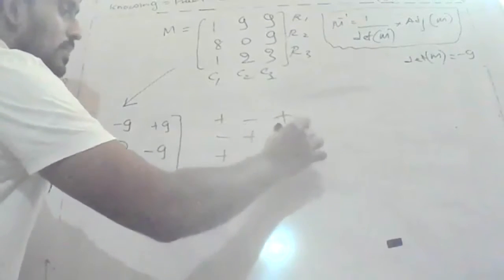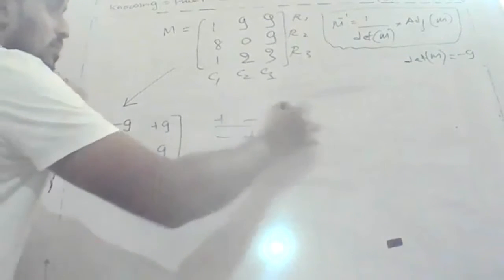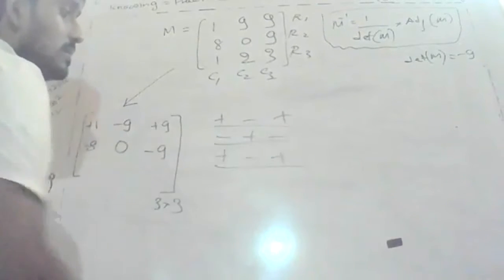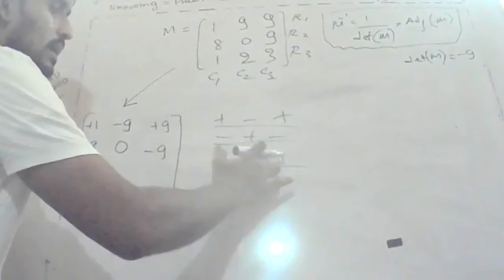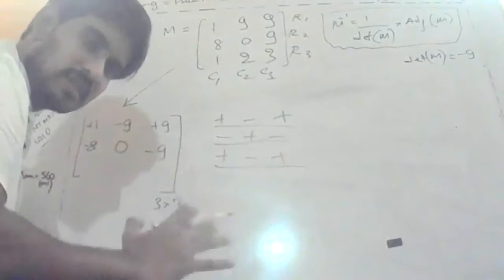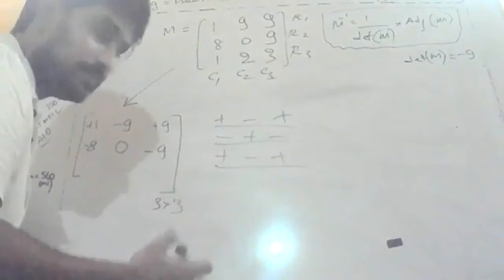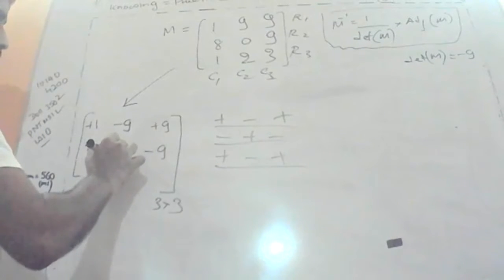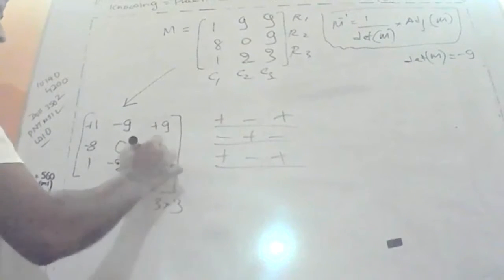Positive, negative, positive. First row, positive, negative, positive. Second row, negative, positive, negative. Third row, positive, negative, and positive. Don't memorize, just the technical procedure. So you can tell me the answer. It should be 1, negative 2, positive 3. Okay, right.